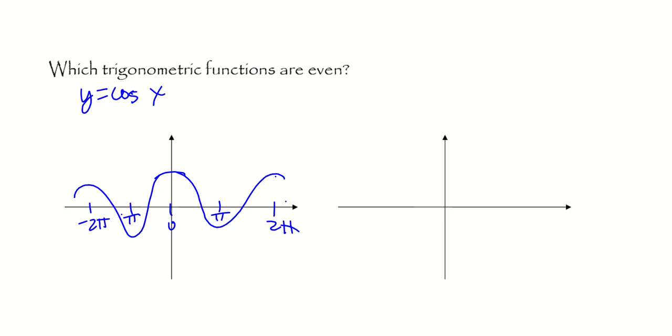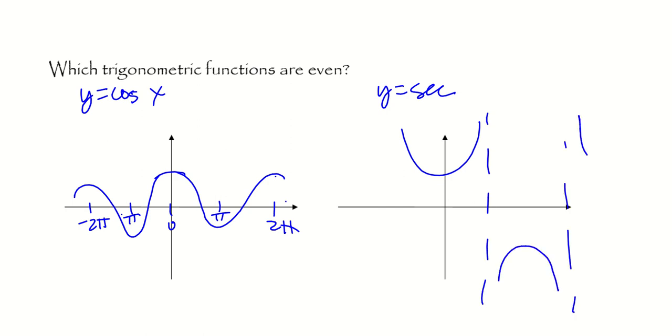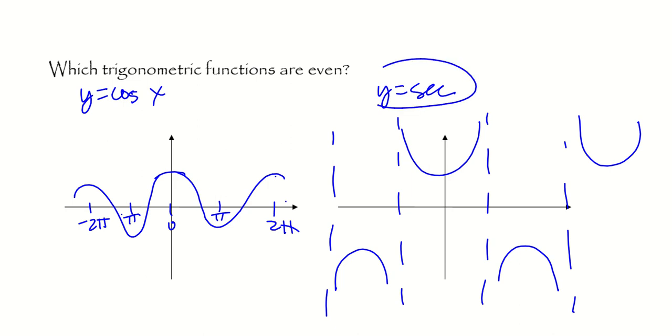That graph is symmetric across the y-axis, so y equals the cosine of x is even. If we look at its reciprocal function, y equals the secant of x, that graph looks like this. You've got a vertical asymptote, and then it looks like this, another vertical asymptote, and another curved section, and so on. That function is symmetric, even. Mirror image across the y-axis. Y equals the secant is an even function.